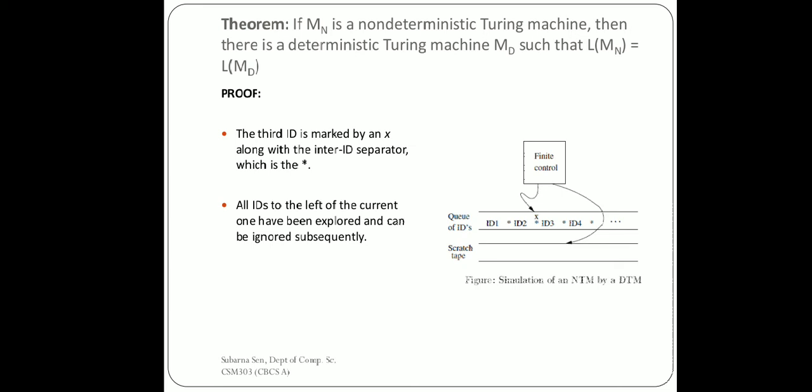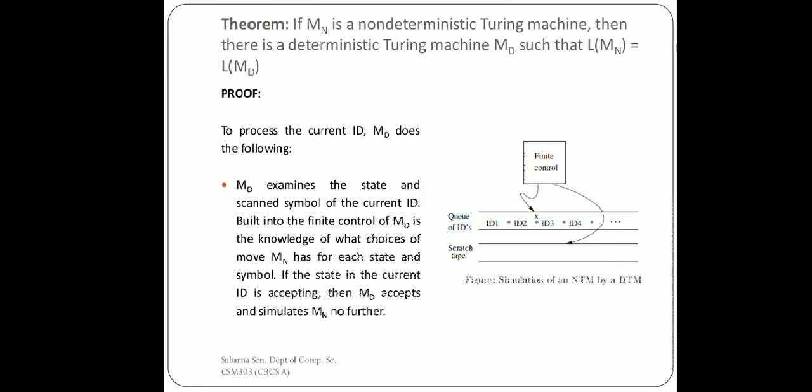Now let us move directly to how it is going to process. What MD will do depends on the various situations it is going to face. First, MD examines the state and the scanned symbol of the current ID, here ID 3.